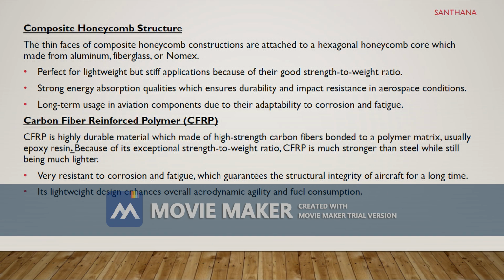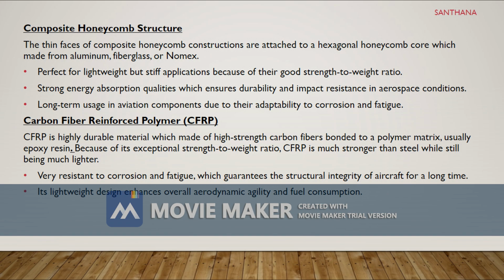Next up, carbon fiber reinforced polymer or CFRP. This is a super durable material made of high strength carbon fiber bonded to a polymer matrix, usually epoxy resin. What makes CFRP so popular is its incredible strength to weight ratio. It's much stronger than steel but way lighter.